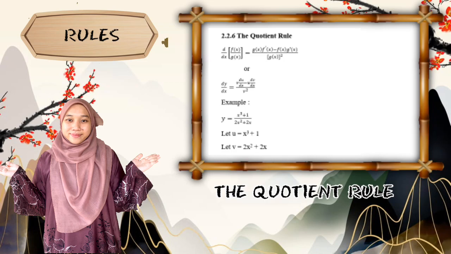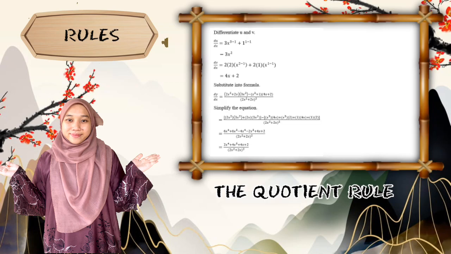There are two functions which are x to the power of 3 plus 1 and 2x to the power of 2 plus 2x. First, let u equal to x to the power of 3 plus 1 and let v equal to 2x to the power of 2 plus 2x.